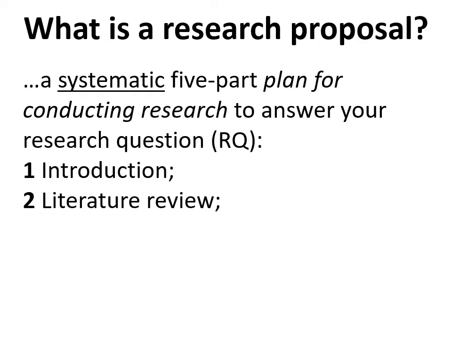It should include a literature review, which will be a reduced, condensed version of your literature review assignment. And if you so desire, you can completely revise your literature review. You can add new material to it, or you can just condense what you already have.